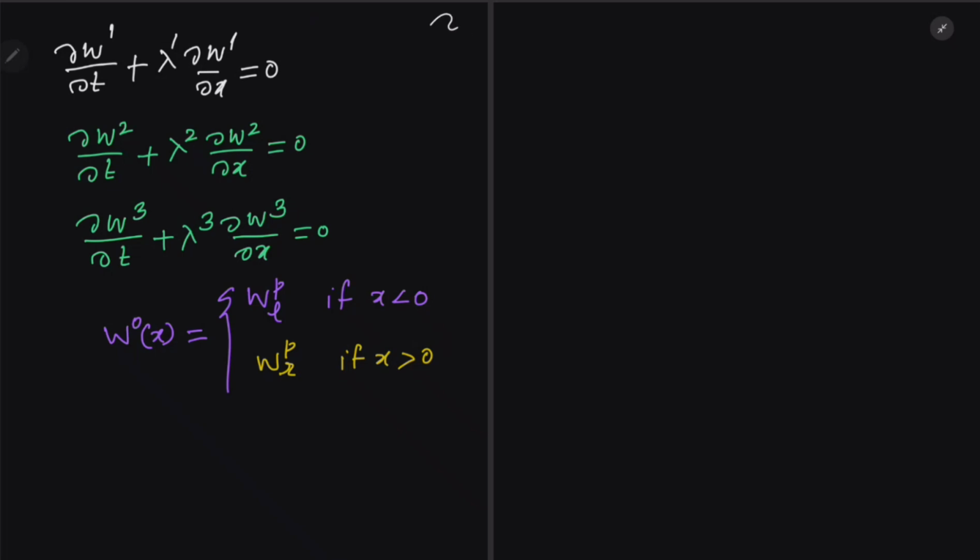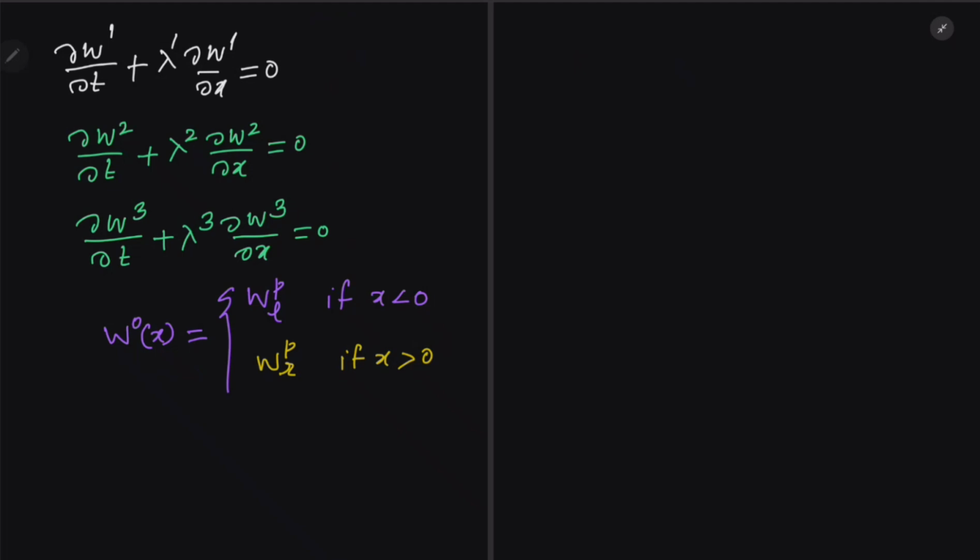Remember that it is similar to the scalar problem, partial Q by partial t plus U bar partial Q by partial x is equal to 0. When we have converted the system of equations into W1, W2 and W3 for three waves, then we also have W naught as an initial condition.